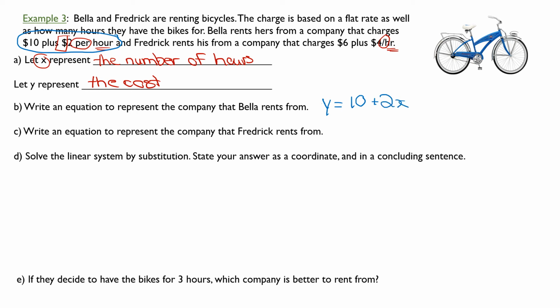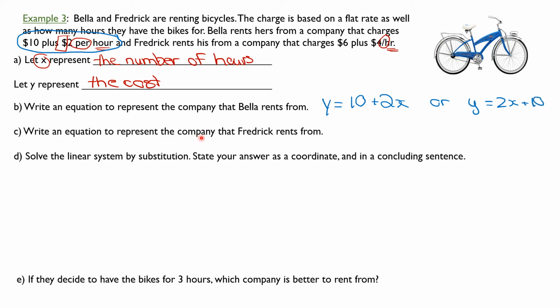A lot of times in previous examples you would have cost equals 10 plus 2H, where you'd use H for hours, C for cost, but for this question we're going to stick with x and y. You can also rewrite it with the x before the 10 and have 2x plus 10. They're the same.